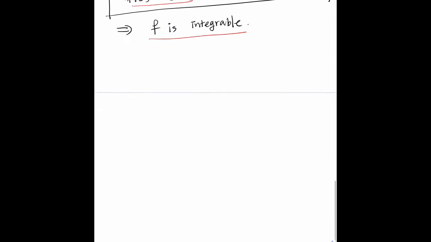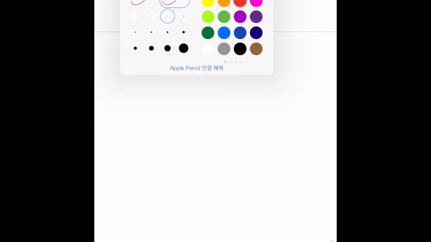Okay. Now let's give one simple example. This part is very easy for you. So here is an example: the integral from 0 to 1 of (1 plus it) squared dt.